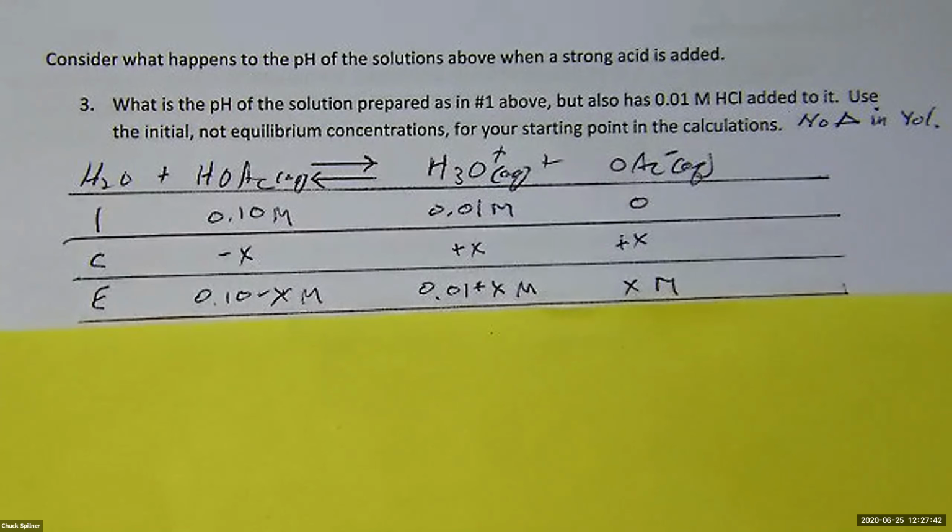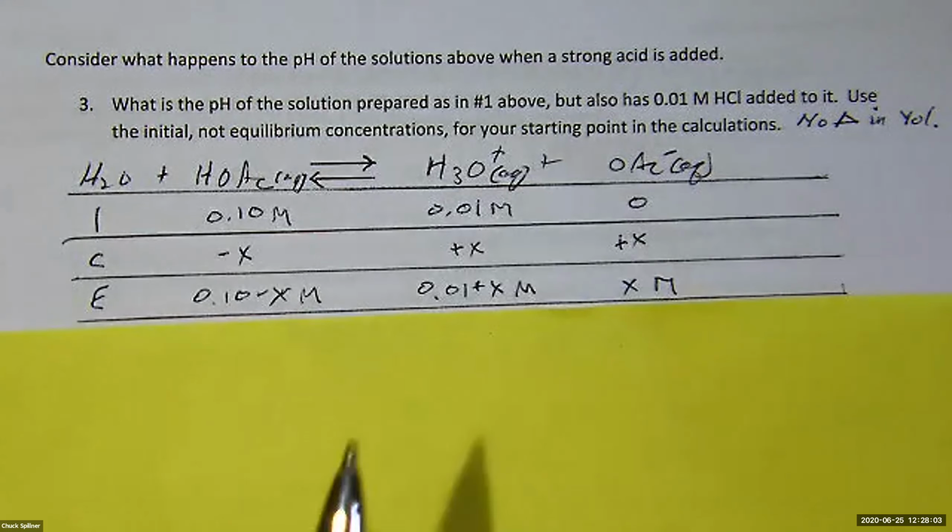So we have 0.1 molar acetic acid, 0.01 molar hydronium ion, because HCl is a strong acid. So 0.01 molar HCl produces 0.01 molar hydronium ion. We talked about that previously. Acetate ion is 0 initially. Since acetate ion is 0, the equilibrium is going to shift to product.